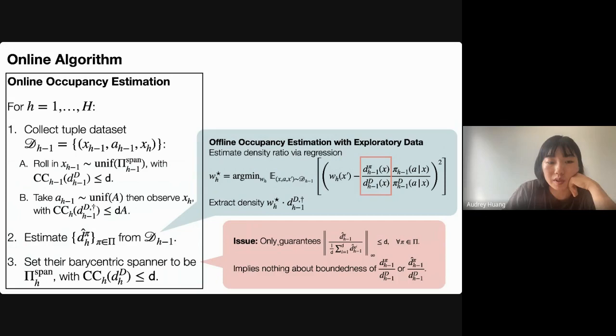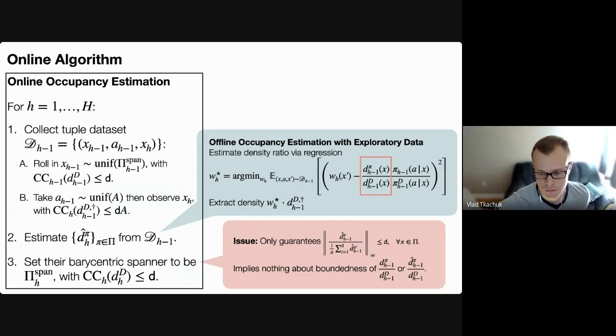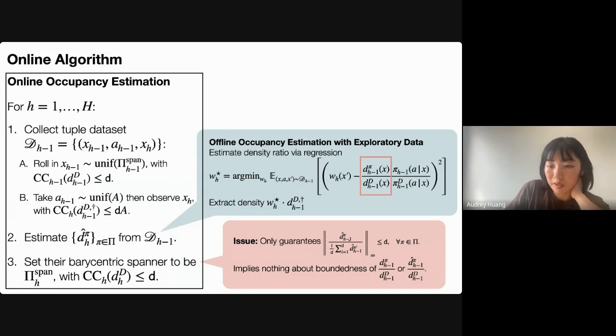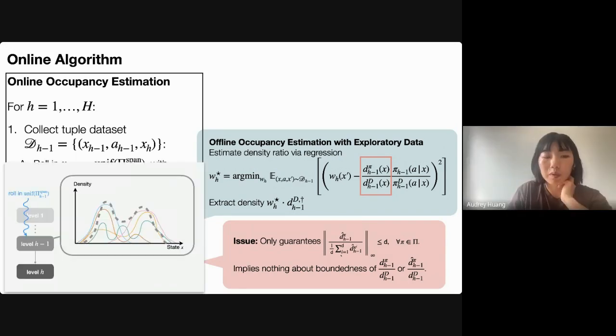Okay, let me go back one slide. The spanner here is calculated from estimated occupancies. So the barycentric spanner only states that the estimated occupancy of a policy is bounded on some mixture of the estimated occupancies of other policies. So when we roll this spanner into level h minus 1, what we get is that the induced distribution in the dashed line is only going to have approximate coverage of the true occupancies, which are shown in color.